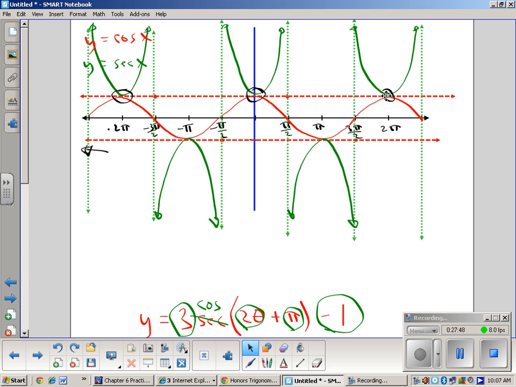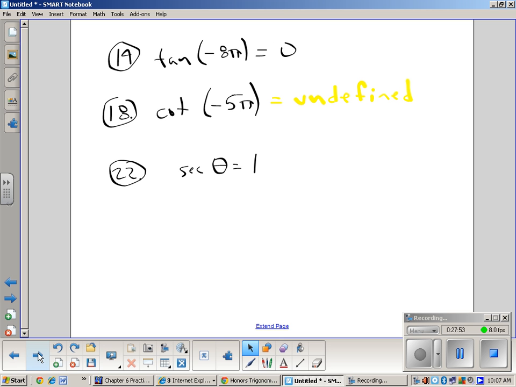So you could say pi n whenever n is an even integer, or you could say 2 pi n, or 2n times pi, where n is just any integer. So that would cover the negatives. Okay?